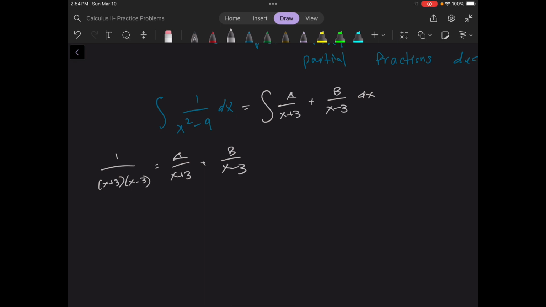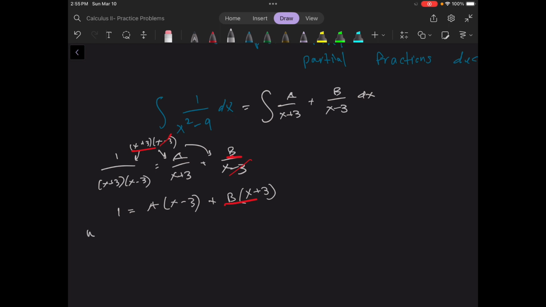Right, we can multiply all three by the common denominator, x plus 3, x minus 3, to both here, here, and here. That becomes 1 equals a times x minus 3 plus b times x plus 3. Because, for example, the x minus 3 and the x minus 3 cancel when it goes on top of the b, leaving you with just this x plus 3 and the b here.